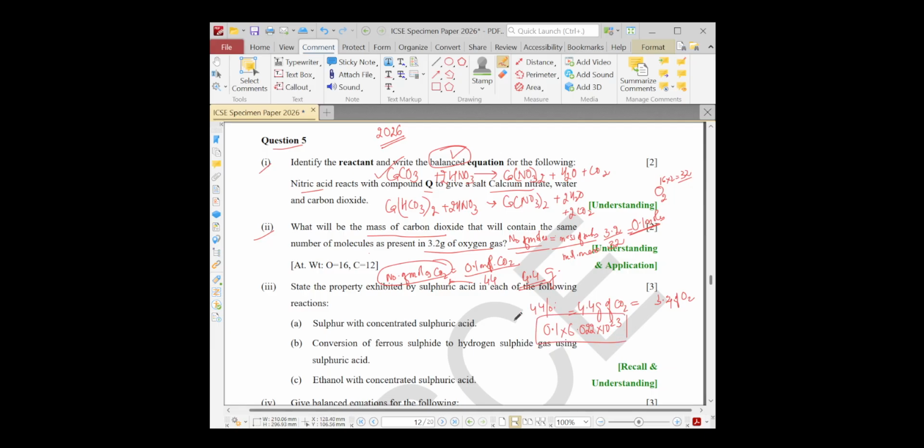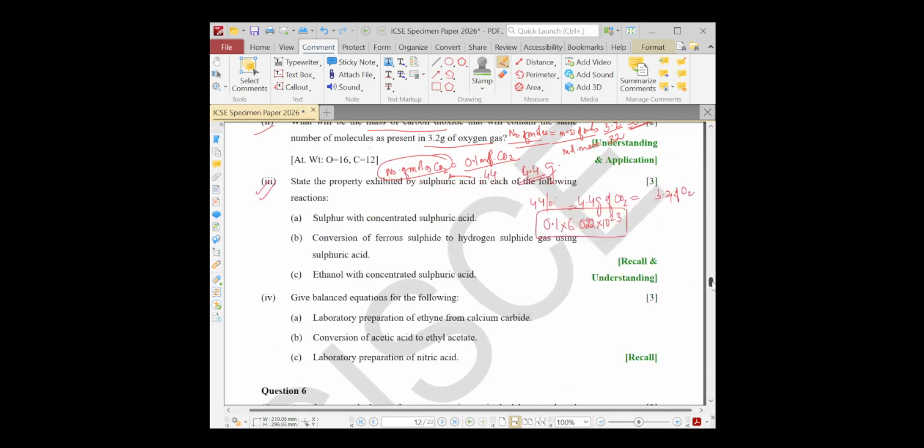Then next we talk about question number 3. Here you have to state the property shown by sulfuric acid. First is sulfur with sulfuric acid. When you react sulfur with concentrated sulfuric acid, sulfur is changed to sulfur dioxide and you get water.